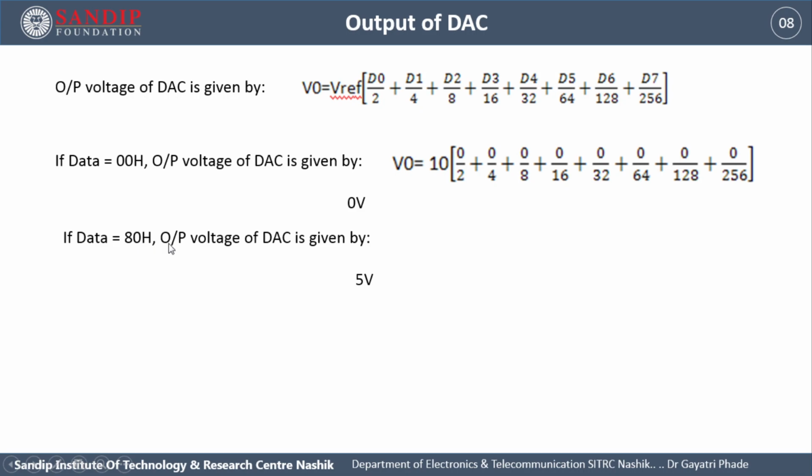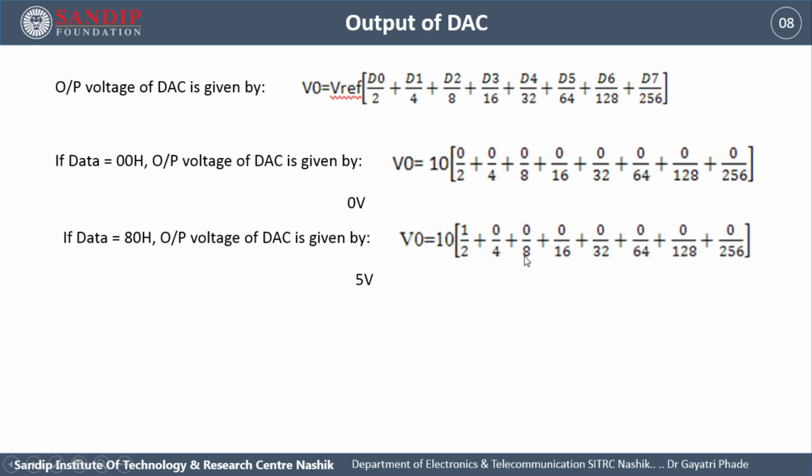If bit pattern is 80H, so 1 0 0 0. So with this we will be getting 1 by 2 into 10, that is the 5 volt. Calculate the output of DAC if the data is FF. This is assignment for you, solve it.